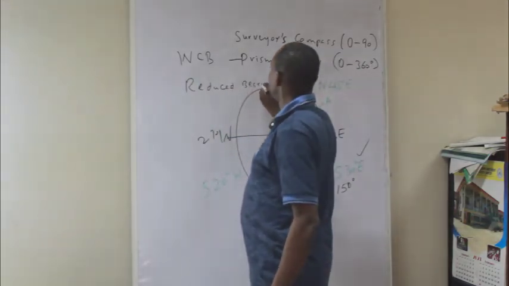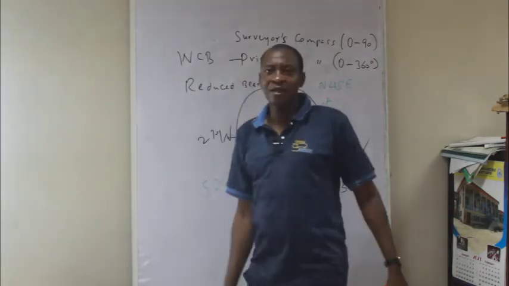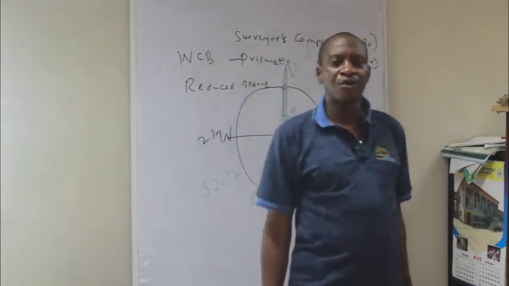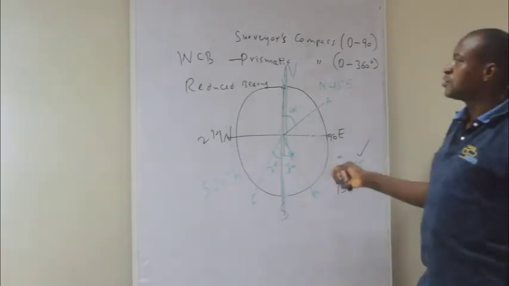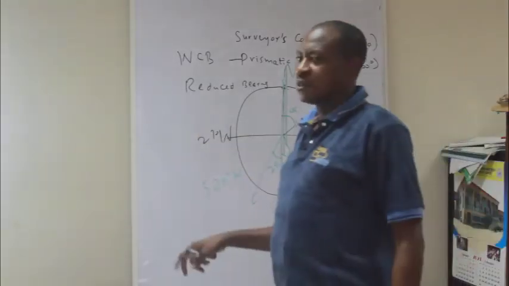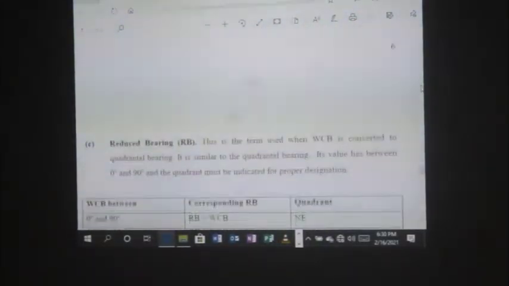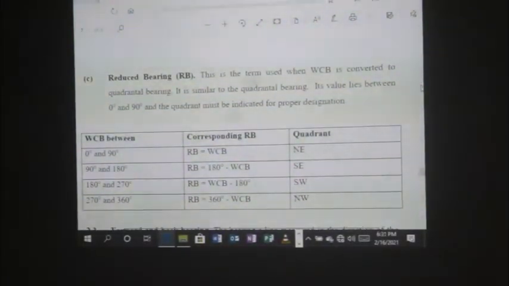Reduced bearing is not observed directly, but was reduced, calculated, deduced. That's why they call it reduced bearing. Next one. So you have whole circle bearing, quadrantal bearing, and the last one there is the reduced bearing. So we can see now that we can convert a whole circle bearing to a reduced bearing.